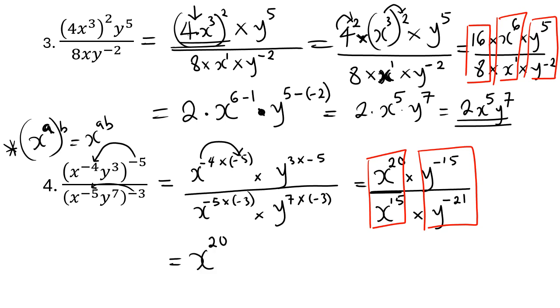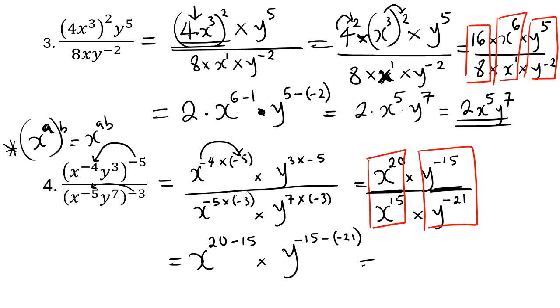Since I have division, I'm just going to subtract their exponents, so minus 15. Then I go to the y variables. Again, combine the multiplication signs. We get y to the negative 15 minus negative 21. Because you're dividing, make sure you have your minus before the exponent in the denominator.